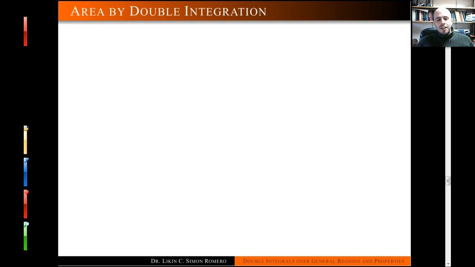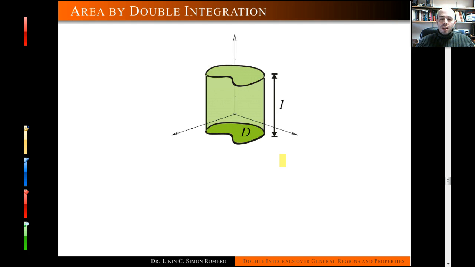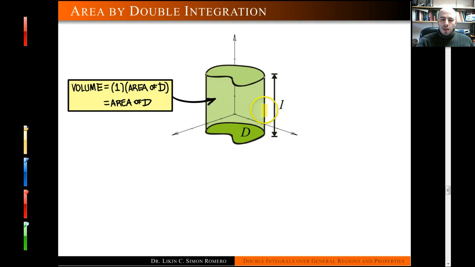One other important property is that you can compute the area of a region by just taking a double integral, and the idea is pretty simple. Suppose that you want to compute the area of the region D. You take the constant function 1, and remember the volume is the double integral of the function over the region, but in this case the function is 1, so the double integral is going to give you this volume.